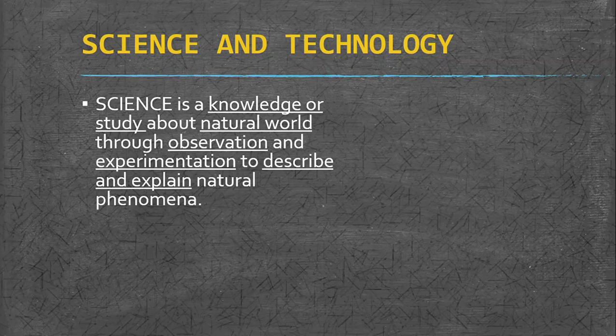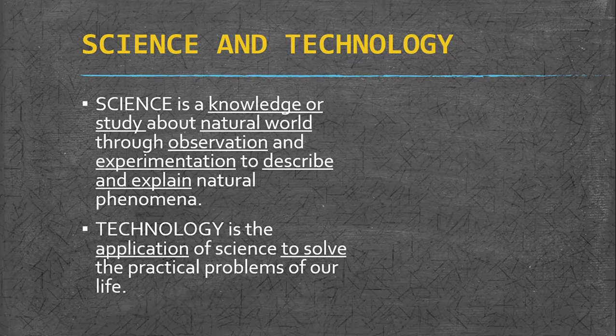If we try to define science, we can say that science is a knowledge or study about the natural world through observation and experimentation to describe and explain natural phenomenon.